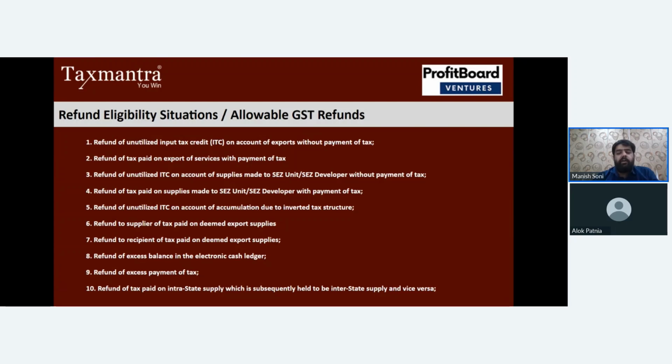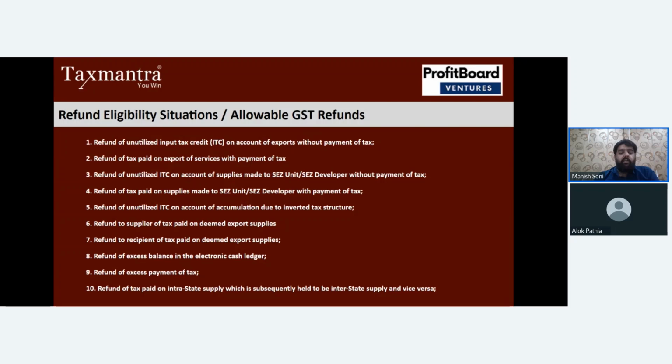It is on the same criteria as export without tax payment. And similar to export with tax payment, we have the fourth point: refund of tax paid on supplies made to SEZ and SEZ developer with payment of taxes.